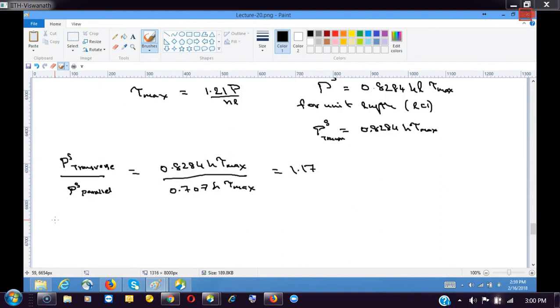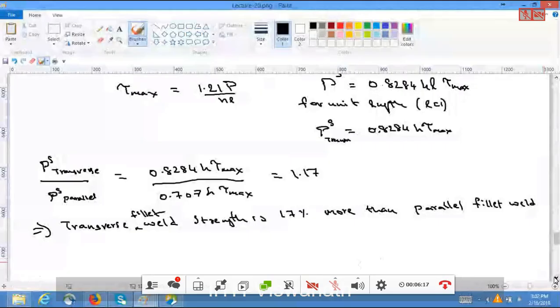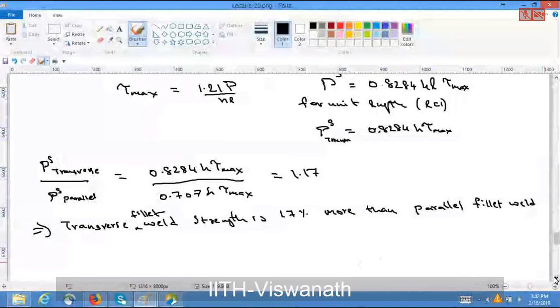But in principle, people ignore this, which makes the calculation simpler. Hence, the same formulas can also be used for the transverse case. So now we know that the same formulas which were simpler in the parallel case can be applied even for this case.